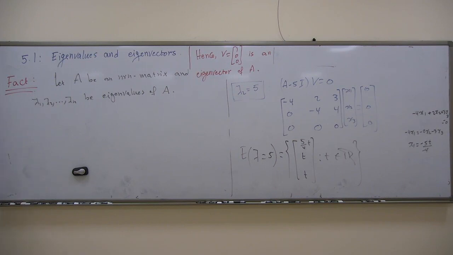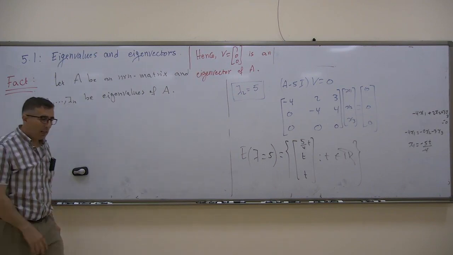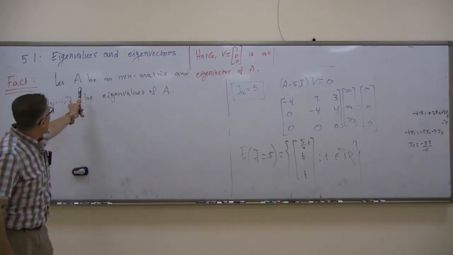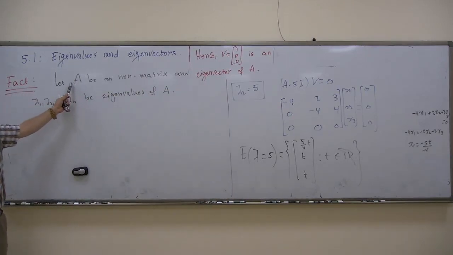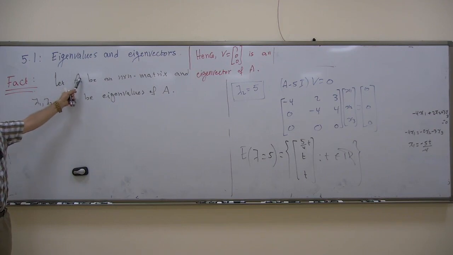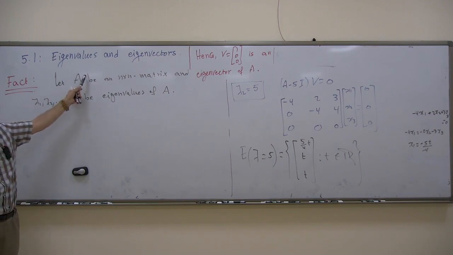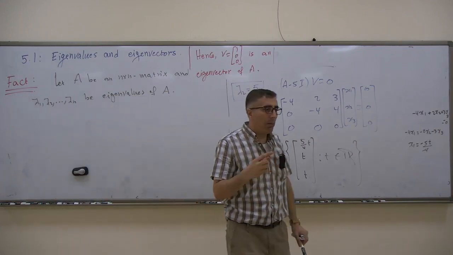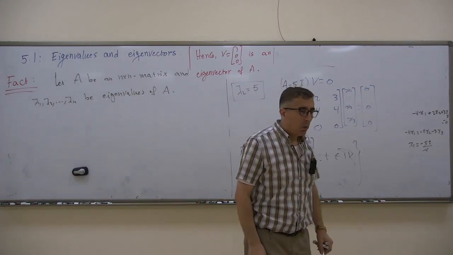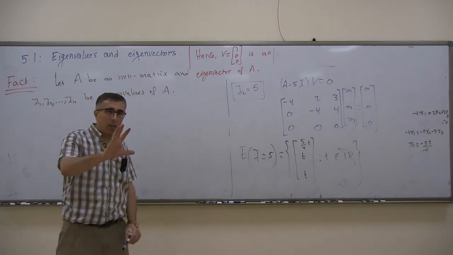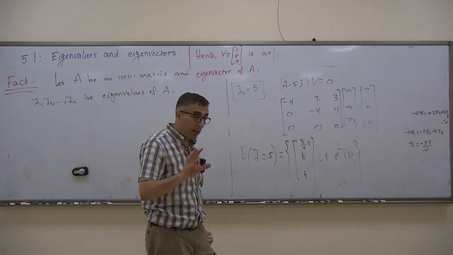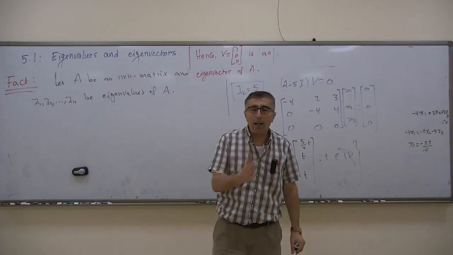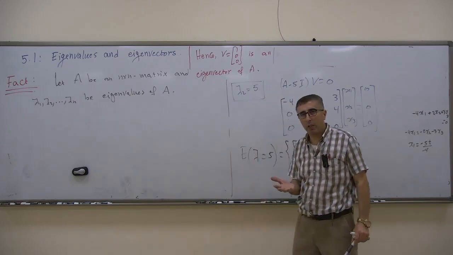Now, why did I say lambda 1 to lambda n? Why didn't I say lambda 1 to lambda k, for example? Well, if you go back to the way we found the eigenvalues, it's determinant A minus lambda I equals 0. And the determinant of n by n matrix here, when you do this, you get a characteristic equation. The characteristic equation here is actually an nth degree polynomial in general.